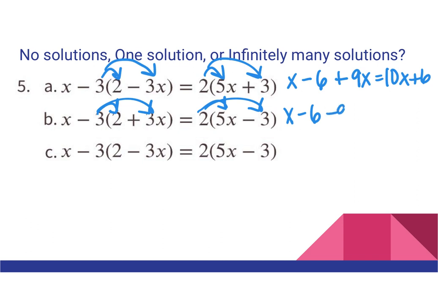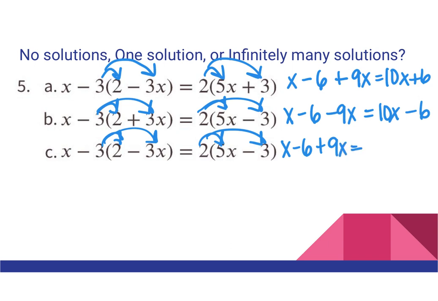So minus 9x is equal to 10x minus 6. Same thing for the last one. I got x minus 6 plus 9x is equal to 10x's minus 6.